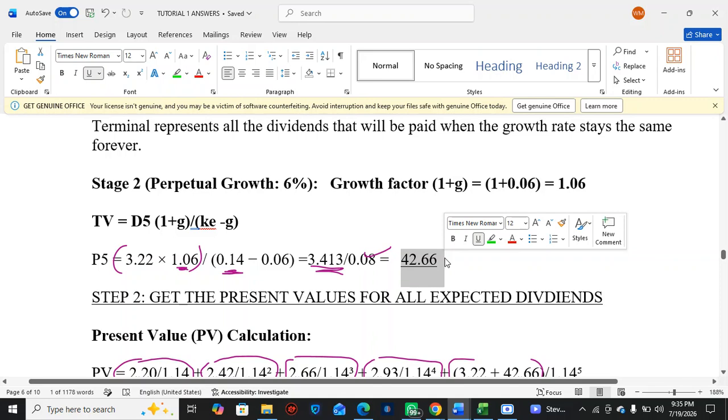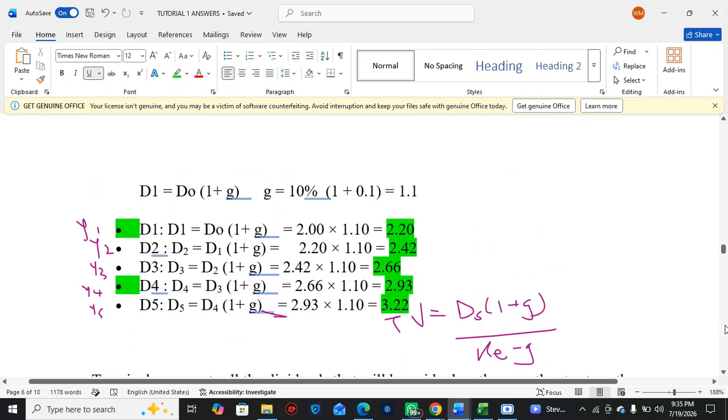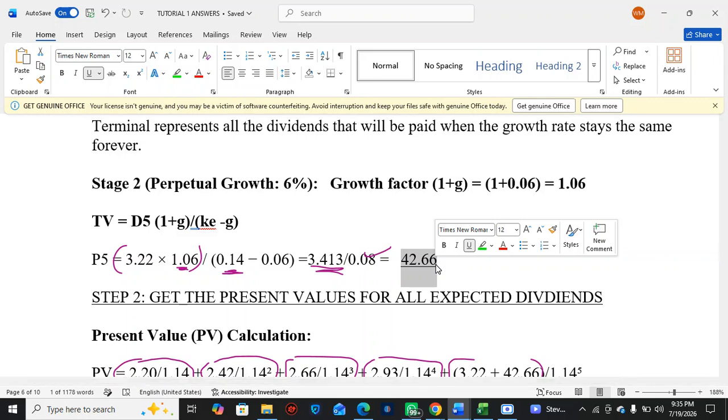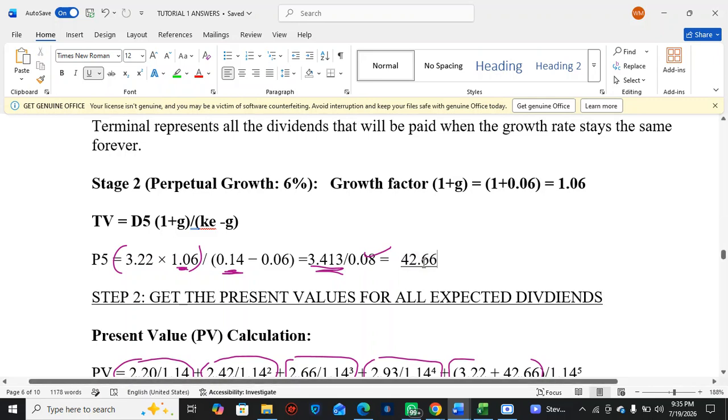Okay, in year five, you're being paid the perpetual dividends and also the expected dividend for year five. So do not make a mistake when getting the present values. Like in this case, you say for this perpetual dividends, you discount it to year six. No. This will be paid at the end of year five with the expected dividend for year five.